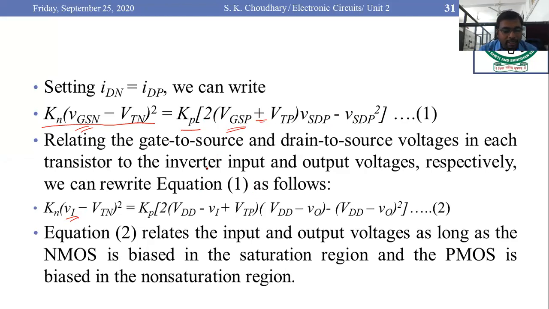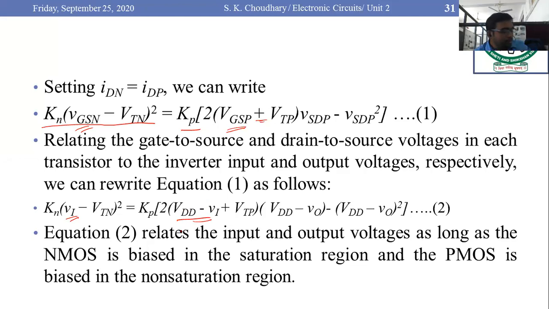If you look at the diagram, VSGP would be nothing but the supply voltage VDD minus Vi. Therefore, from the inverter diagram you would have understood it.